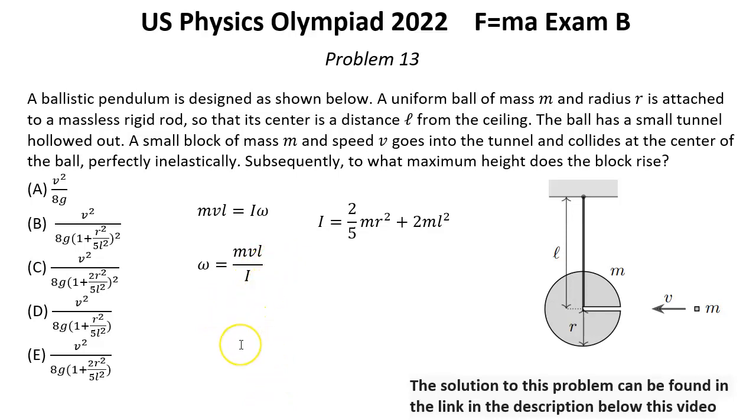Let's write the expression for kinetic energy, because after the collision this kinetic energy goes into potential energy for the whole system. That will be 1/2 Iω², and after insertion of this ω we will have this expression, and this must be equal to 2mgh, which is the potential energy for the whole system.